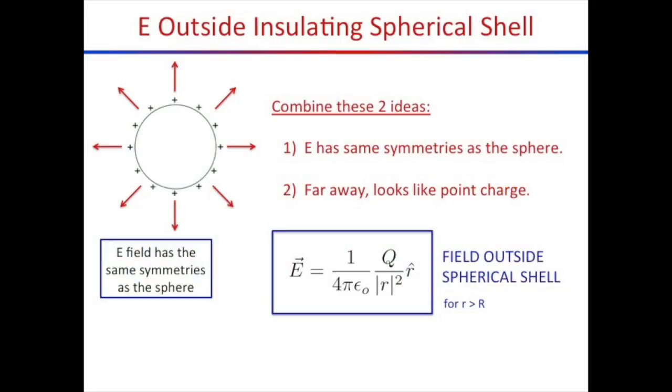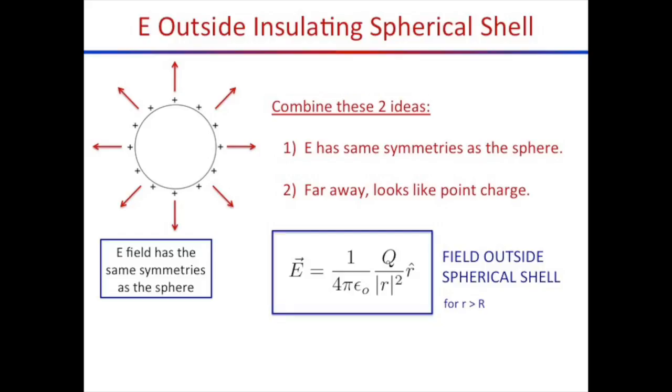So we'll combine these two ideas, that the electric field has the same symmetries as the sphere, that it simply has to be some sort of radial distribution. It can point out of the sphere, it can point towards the sphere, but it can't point sideways, because if it pointed sideways, I'd be able to tell if I rotated the sphere, right? But if it points towards you and I rotate the sphere, now there's another piece pointing towards you, that sort of thing.